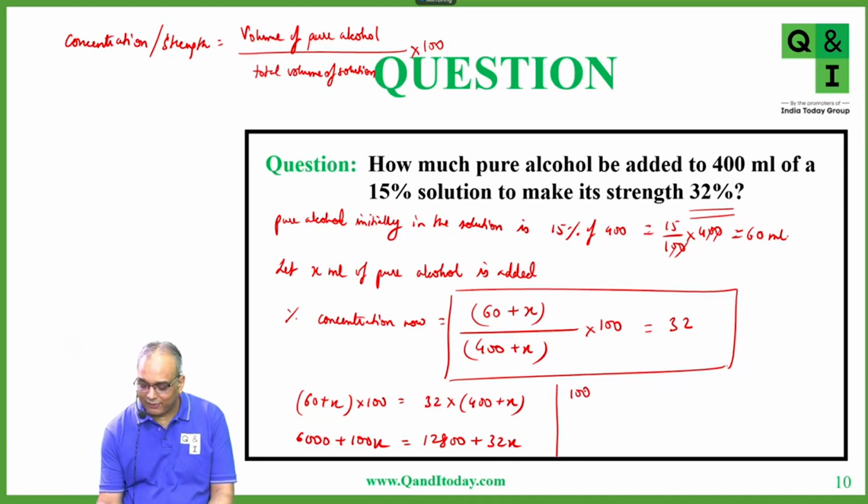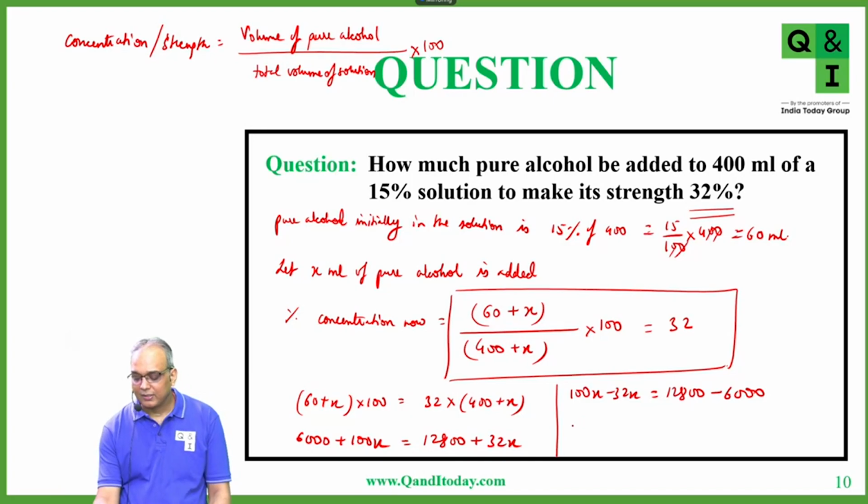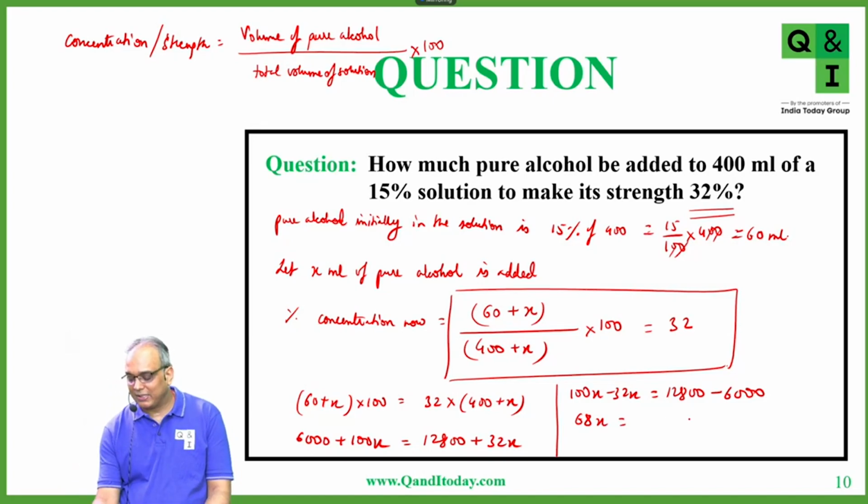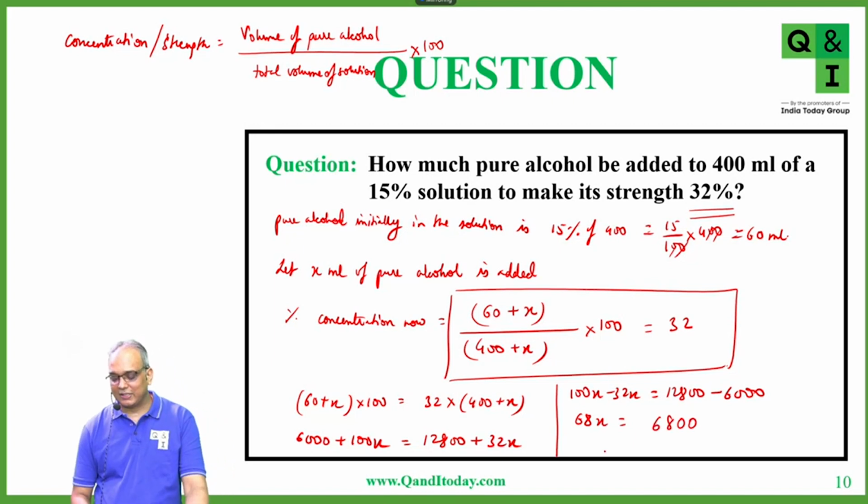So 100x minus 32x is 12,800 minus 6,000. This is going to be 68x equals 6,800.